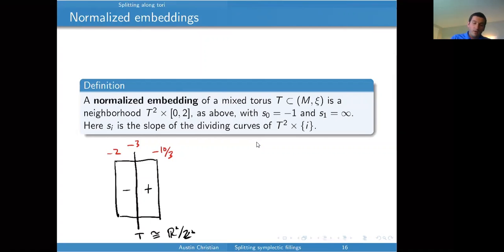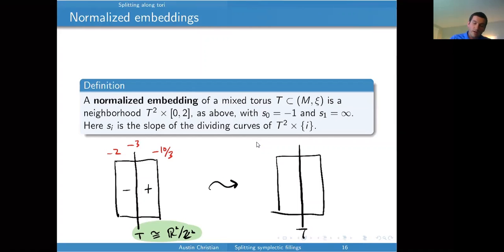But by re-identifying T with R2 mod Z2, we can always normalize this embedding so that the mixed torus itself, T, has dividing curves of slope infinity.